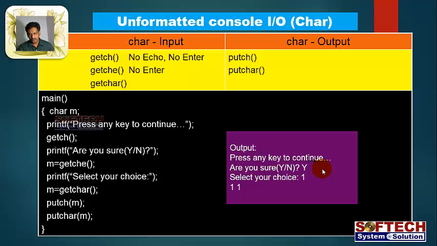If we press a character, it is displayed on the screen, that is echo, but no enter key is needed. getche means get character with echo. The e is a representation of echo. With getche, it displays the character on screen, but we don't need to press the enter key.